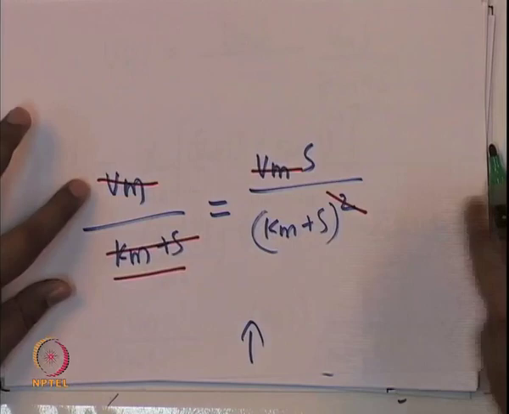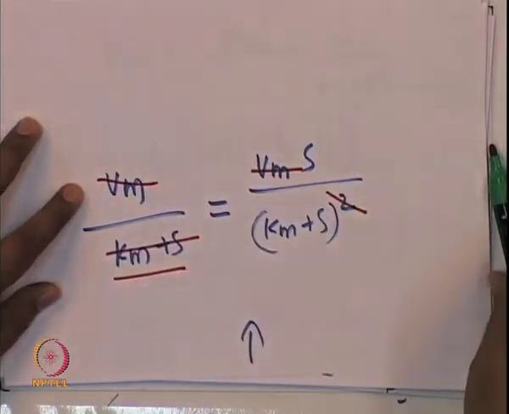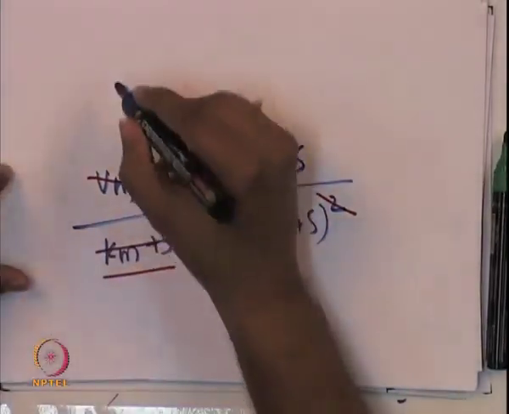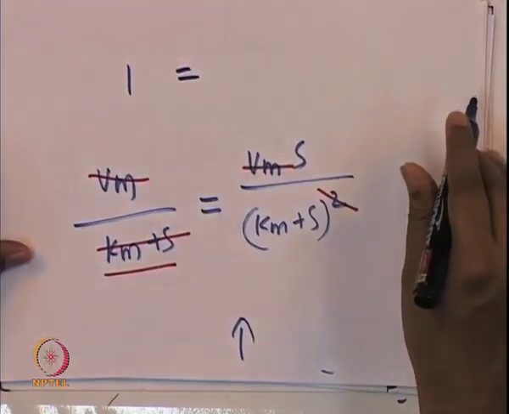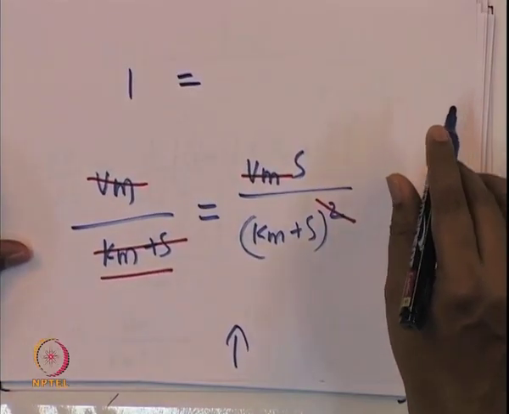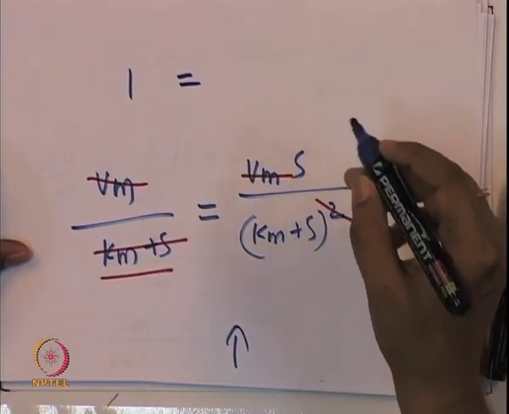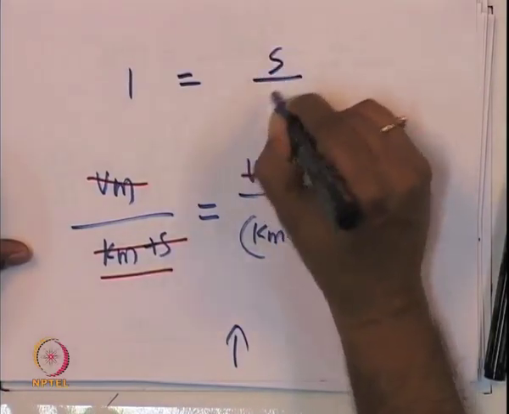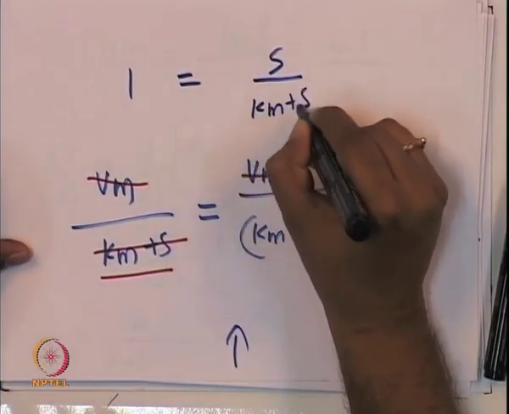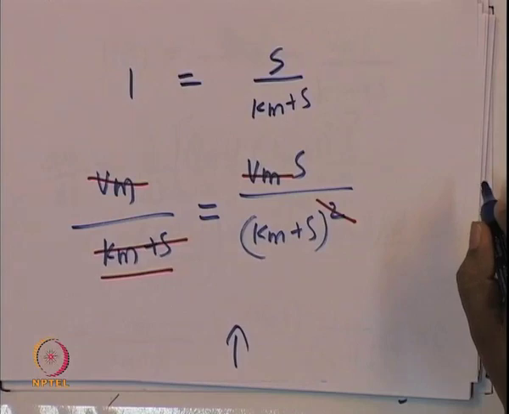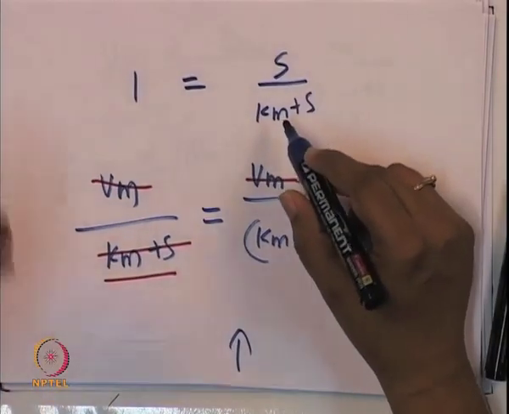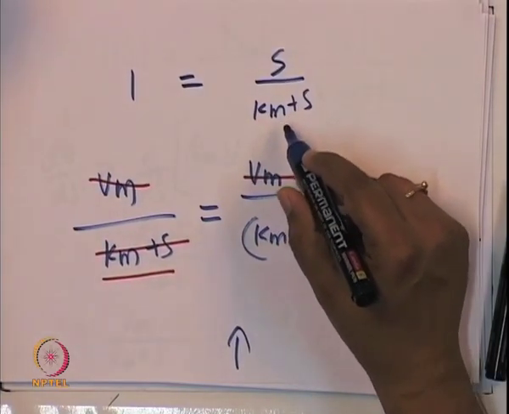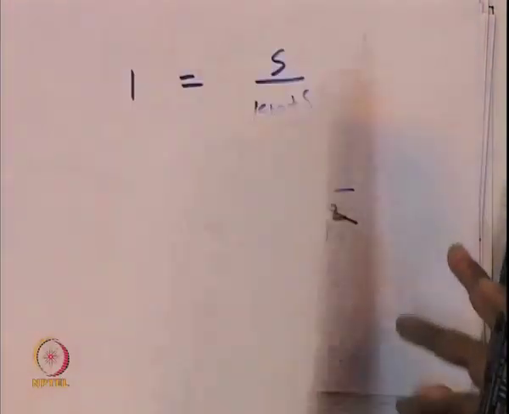So, what we have on the left hand side is 1. So, basically you have 1 is equal to S by Km plus S. In other words, if you rewrite this, what does this mean?